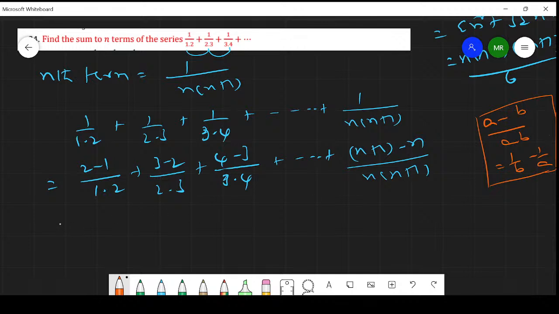Correct? In the same way, I will do it now. This one I can write as (2 minus 1) by 1 into 2. See the right hand side, what I explained: the same thing.